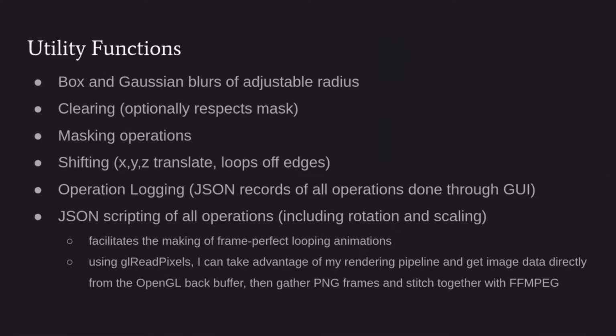So, a couple utility operations: blurs of adjustable radius, basically combining my value with my neighbor's with different weighting. Clearing, similarly to the copying, respects the mask value when invoked. Masking operations I talked about earlier.